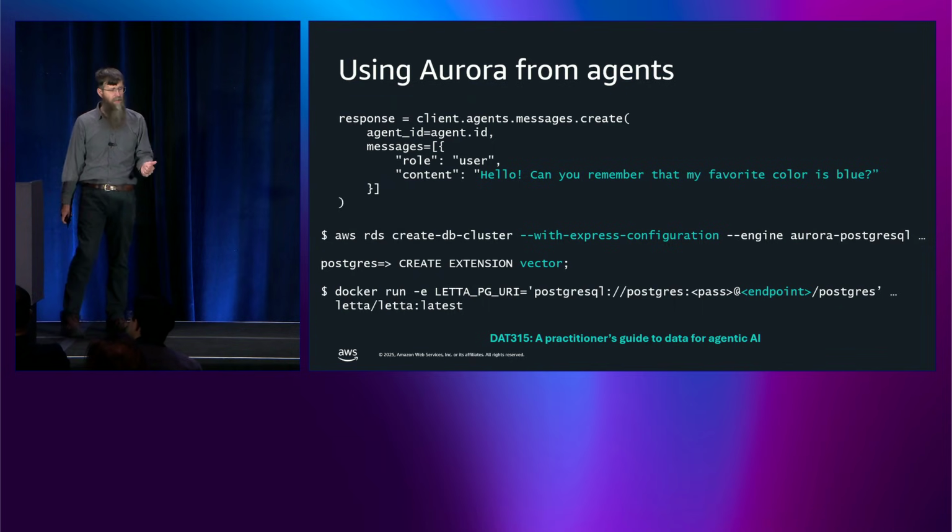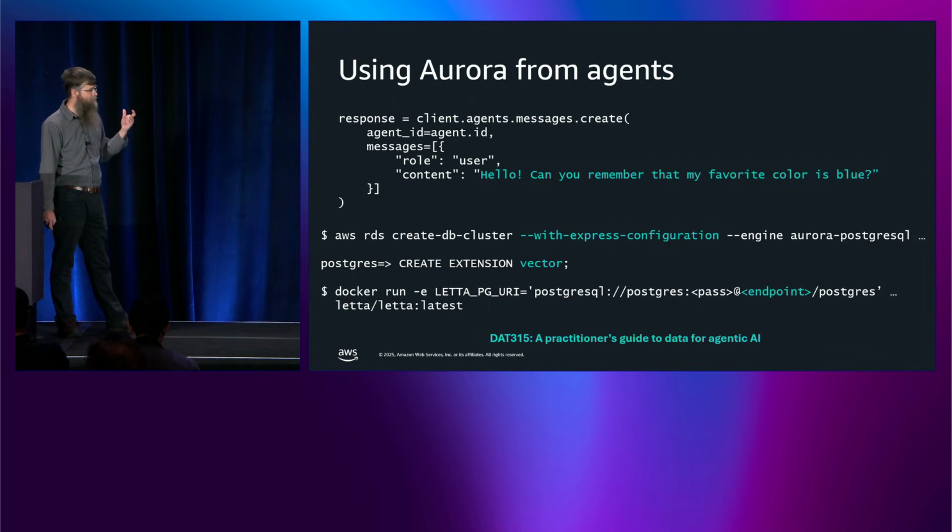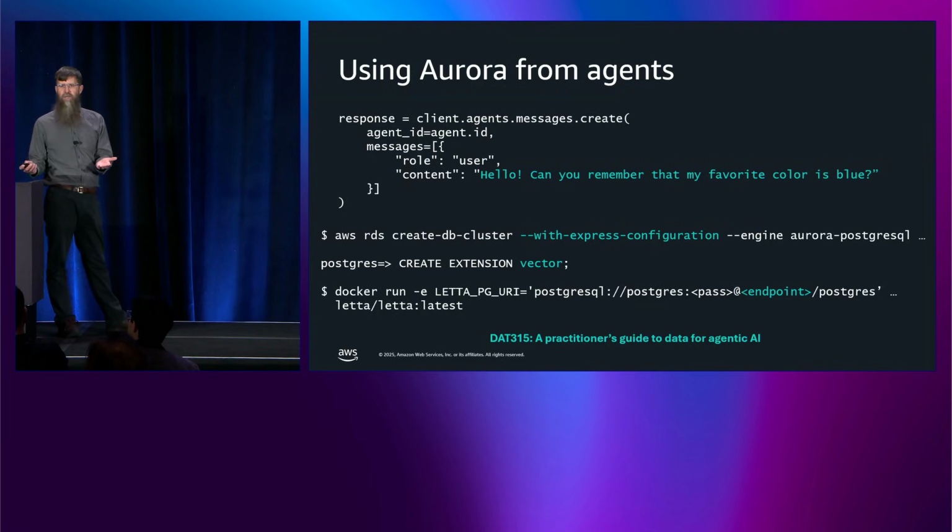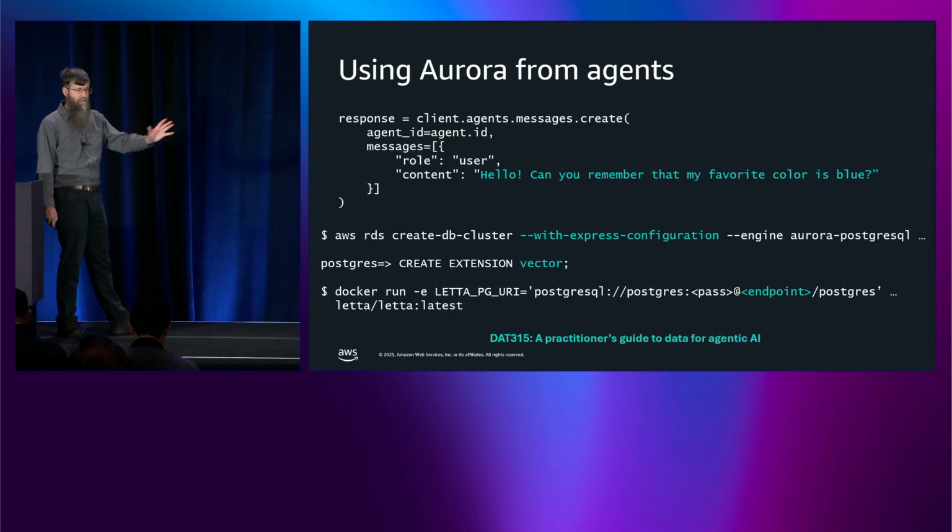We don't have to do that. And then we can tell Letta to start its Docker container and just point it at that Postgres endpoint. We're done. Now you're using Aurora Postgres for agentic AI memory. Now, this is the Letta example. There's a bunch of blog posts or other things, so I encourage you to go and have a read for the other frameworks of your choice, LangChain and all kinds of ones.